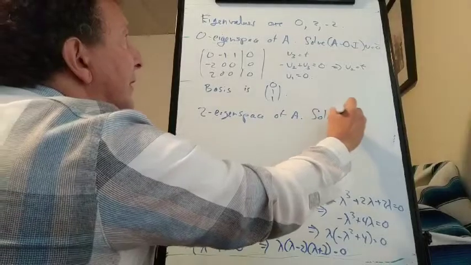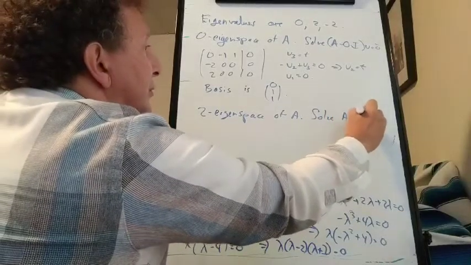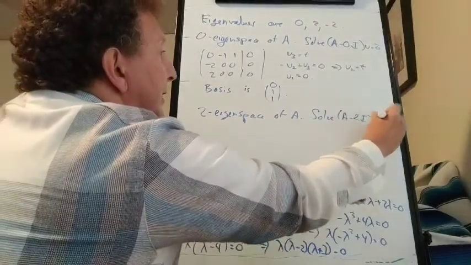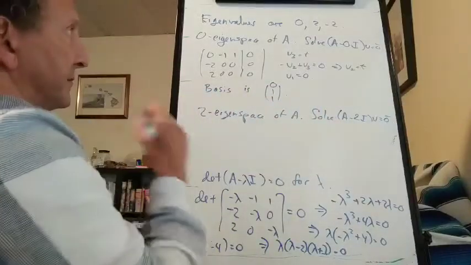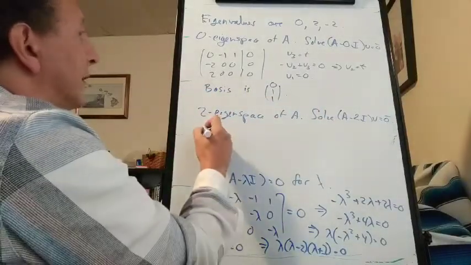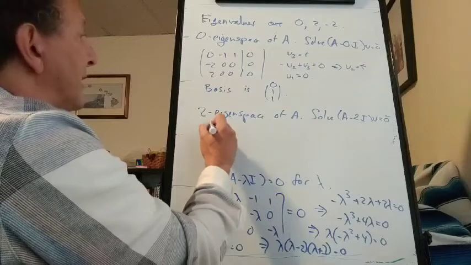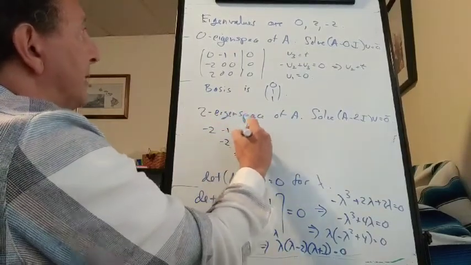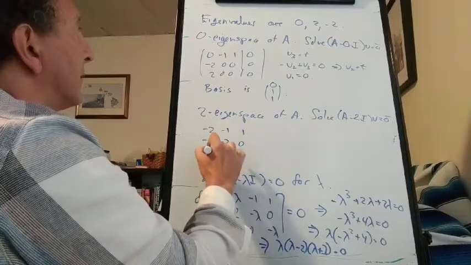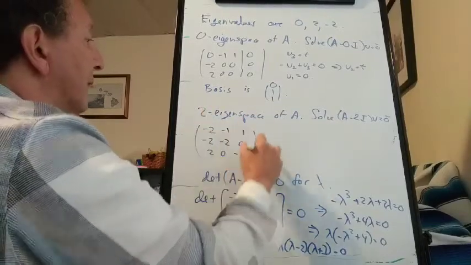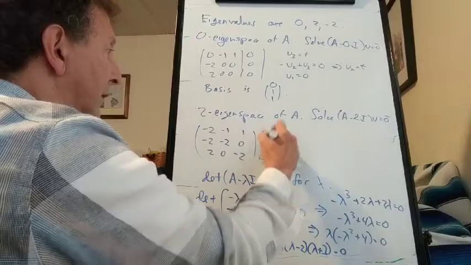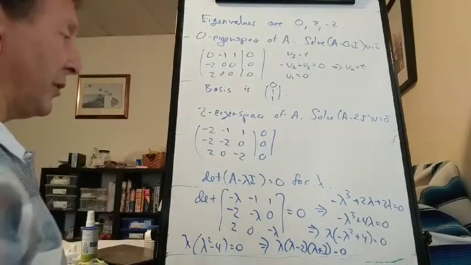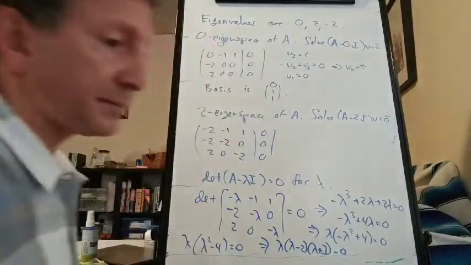So we'll solve (A minus 2I)v equals the 0 vector. So we'll subtract 2 from the diagonal: negative 2, negative 2, negative 2. Copy everything else. So this is our system of equations, right-hand side 0 again.